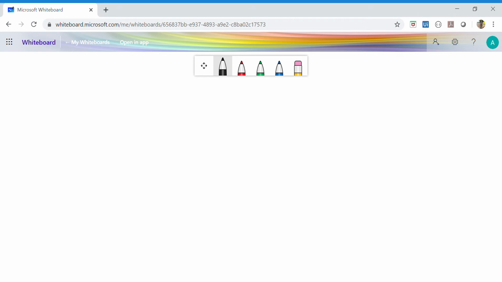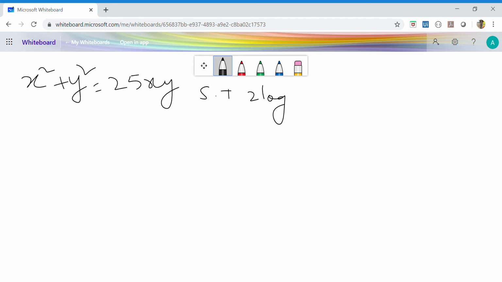So the fifth problem is: if x square plus y square is equal to 25xy, then show that 2 log of (x plus y) is equal to 3 log 3 plus log x plus log y.